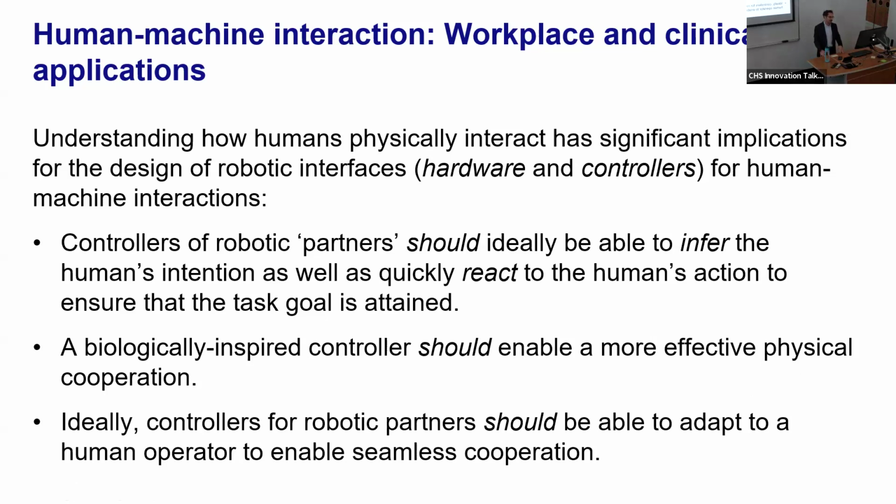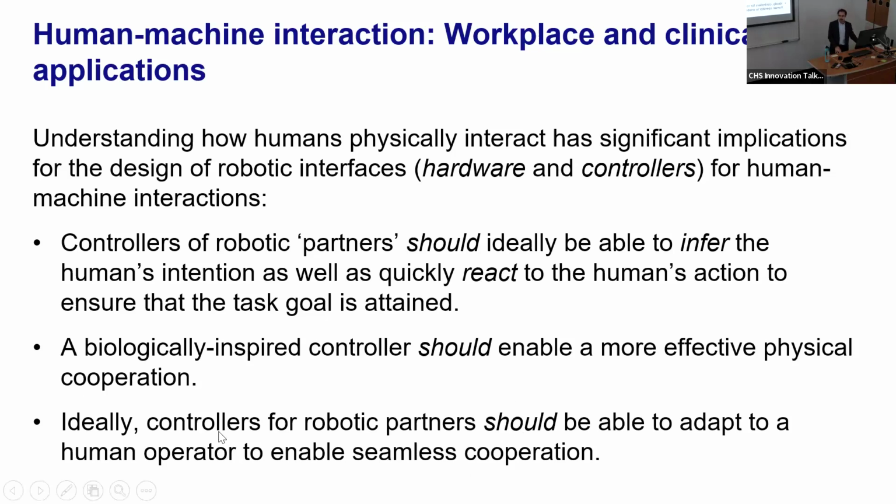But the problem is when you assist movement, you need to understand what I'm trying to do. Do I want to take a step? And how big is the step? So the robot not only should not interfere, but ideally you want the robot to help you in doing what you meant to do. And so you should be able to do effective cooperation.